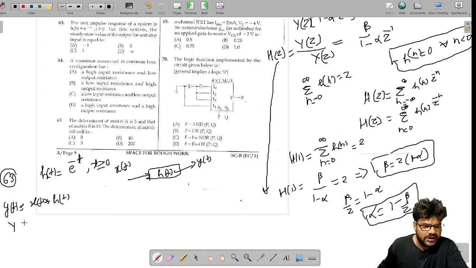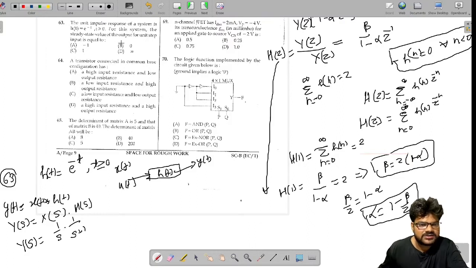And if we take the Laplace transform, then Y(s) equals X(s) into H(s). The input is a unit step, so x(t) is u(t), and its Laplace transform will be 1 by s. And h(t) is e to the power minus t, so H(s) will be 1 by s plus 1. So this is the Y(s) I got, and we are asked for the steady state value of output.